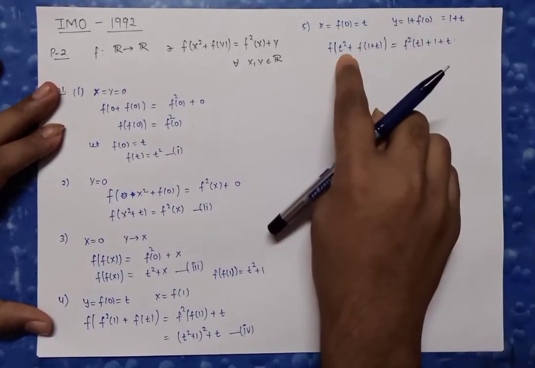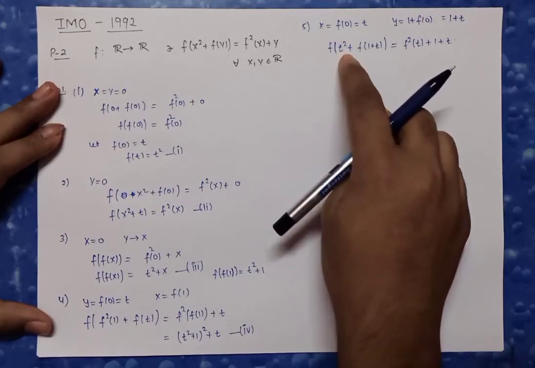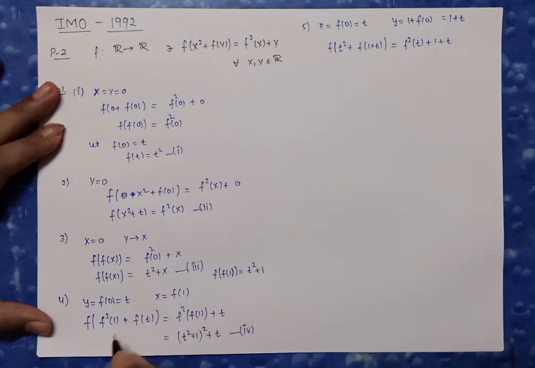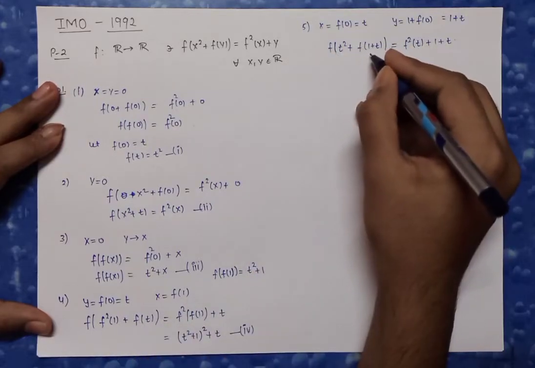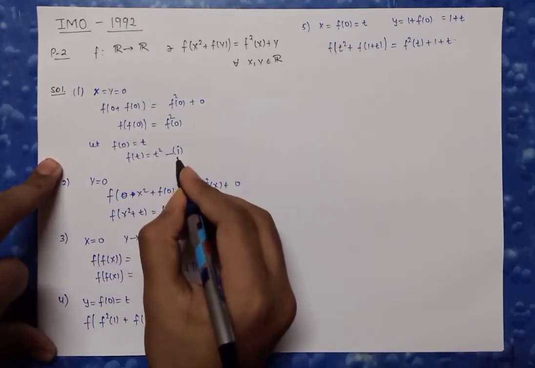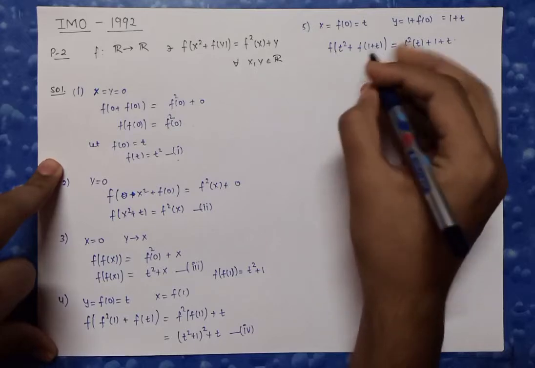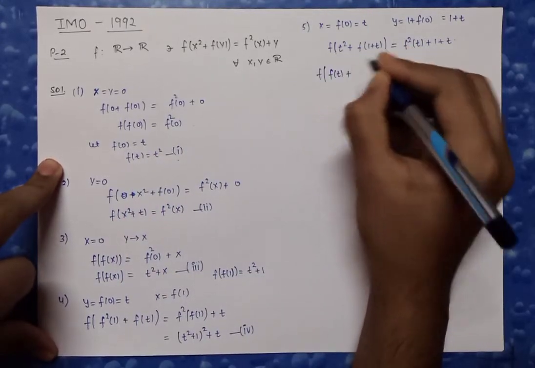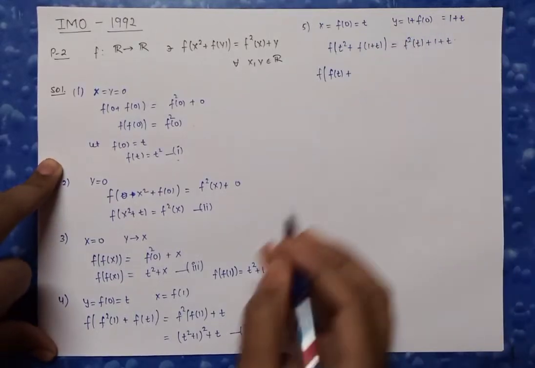Now we have to somehow manage such that this term equates to this term. Here f square 1 and plus f of t is present. Here t square plus f of 1 plus t is present. Now we can make use of equation number 1, from where we can substitute t square as f of t. So f of t plus f of 1 plus t.